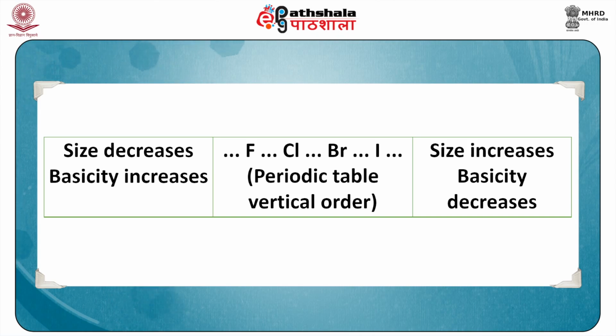This means a species will be less likely to act as a base if it is of a bigger size, because the same negative charge or lone pair is now delocalized on a bigger surface area and the tendency to donate as a base will decrease. But yes, the tendency to take that electron pair over itself and go out as a leaving group will increase. So, as the size increases, the leaving group ability also increases, but basicity decreases.